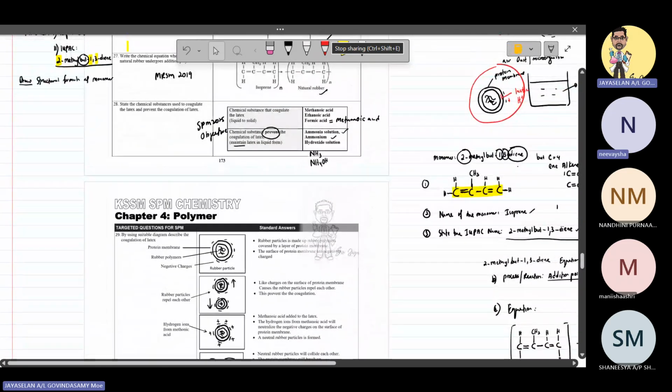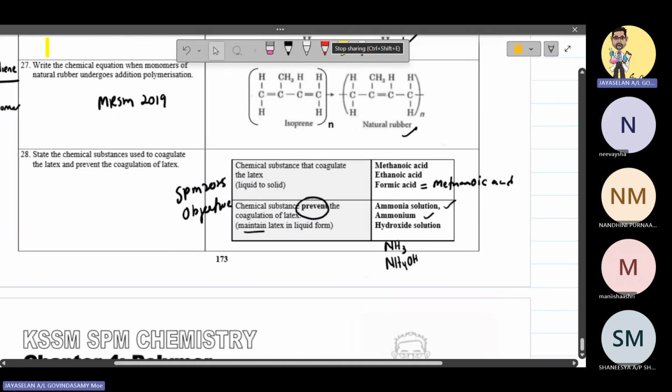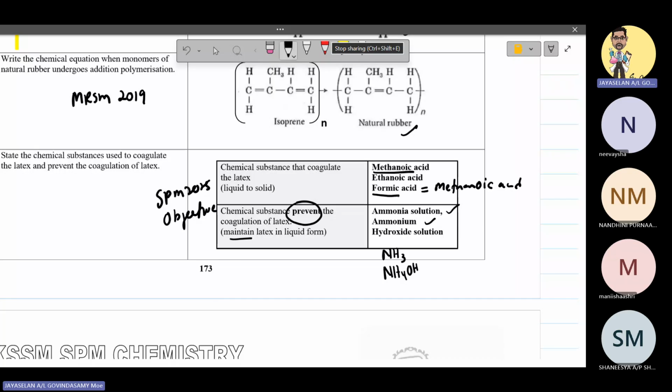If they didn't specify whether it's industrial use or laboratory use, which acid do I write? You see the objective question. If they give you methanoic acid, you choose methanoic acid. Formic acid. Ethanoic acid. If in the exam subjective question they ask to name a solution added to the latex to coagulate the latex, you can use ethanoic or methanoic.